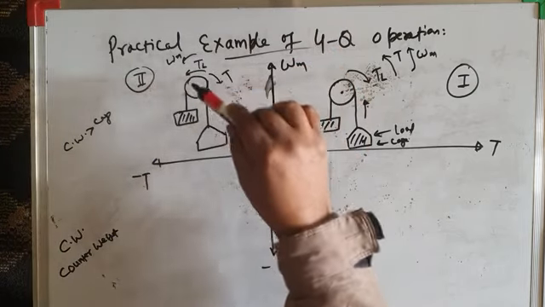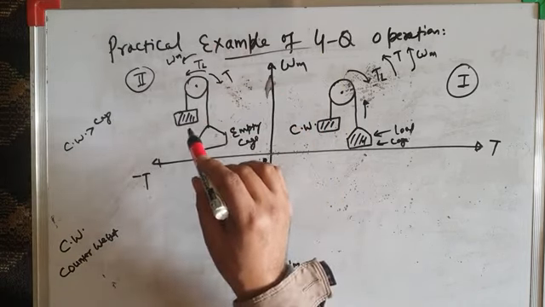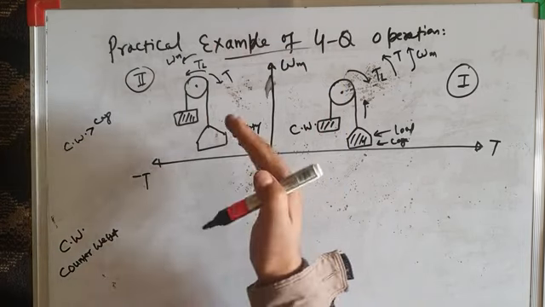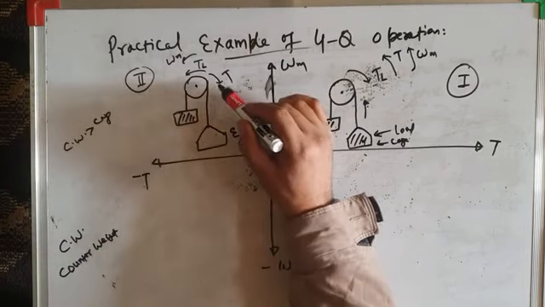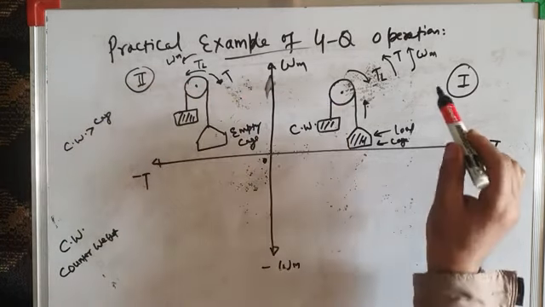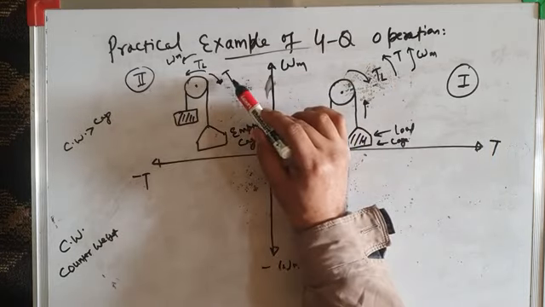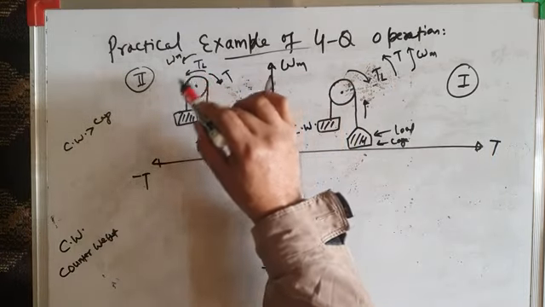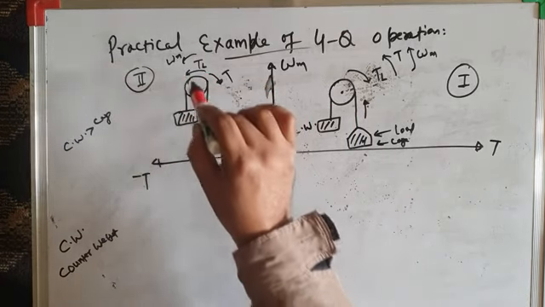So what will happen when it moves up? The motor should operate as a generator. As a generator, it will convert the braking energy into electrical energy and supply that energy back to the source. And while doing that, the torque developed by the generator is opposite to the torque developed in the motoring mode. So it is developing a torque which is opposing the motion of the pulley, or the motor.